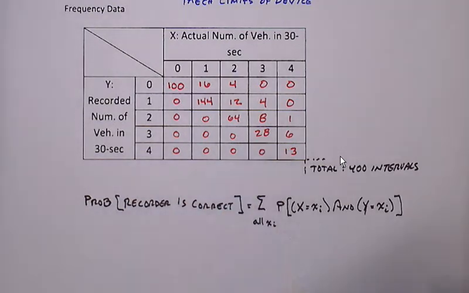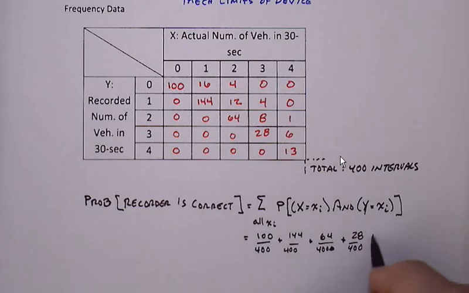Right? So in that calculation then, we had 100 out of the 400 were 0 and 0. We had 144 out of the 400 that were 1 and 1. We had 64 that were 2 and 2. We had 28 that were 3 and 3, and we had 13 that were 4 and 4.